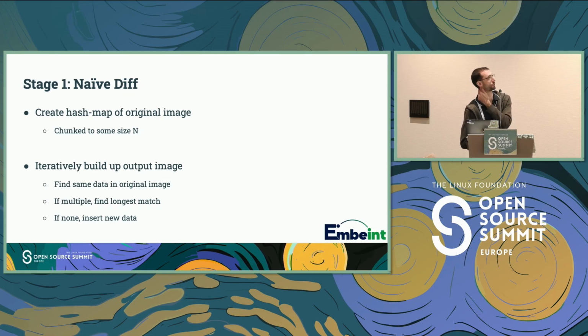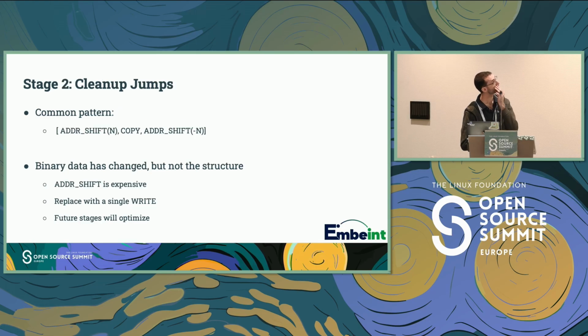So the first step is we make a naive diff. We have a hash map of the original image. We search through that to find where in the original image we can find this section of the new image, and we find the longest match there and say, okay, great, we'll copy 3 kilobytes from that memory address. And if we can't find somewhere in the original image which had that data, we add it as new data.